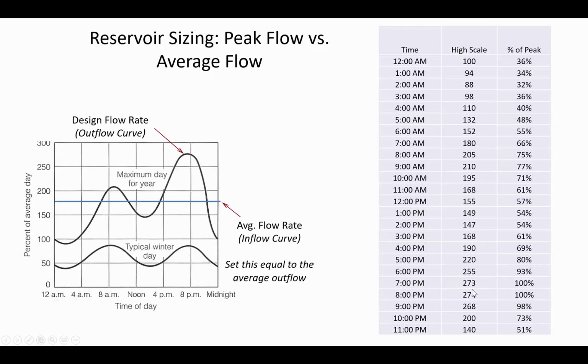So 8 p.m. is 100% of the peak because that's the highest point of the day. But then if we look at midnight, midnight is 100% divided by 274. So here at midnight it is 57% of the peak.